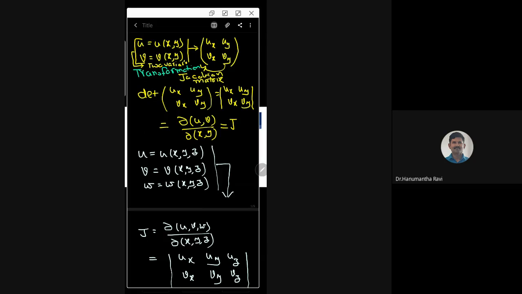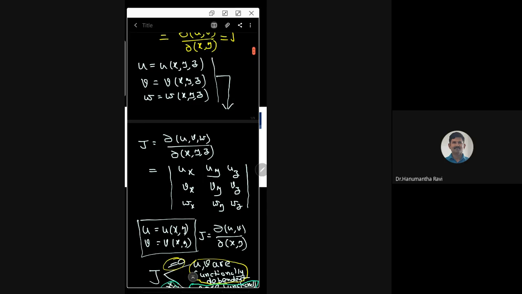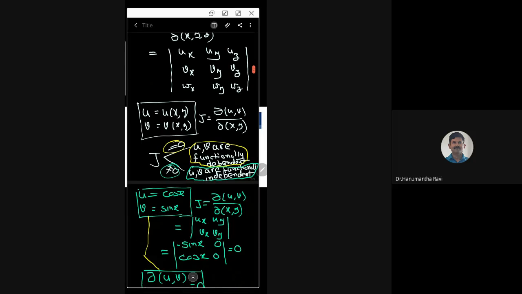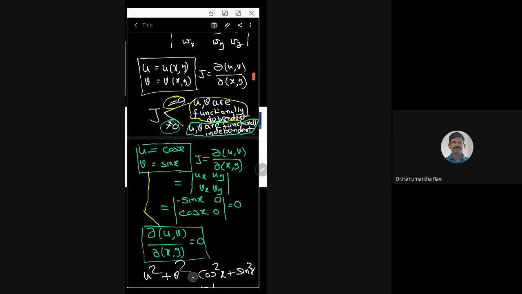If you have three functions involving three variables, on similar lines we can talk about the Jacobian matrix and its determinant. One of the most important uses of Jacobian is that it decides whether functions are functionally dependent or independent. If the Jacobian is identically equal to 0, then they are functionally dependent. If it is not equal to 0, then they are functionally independent.